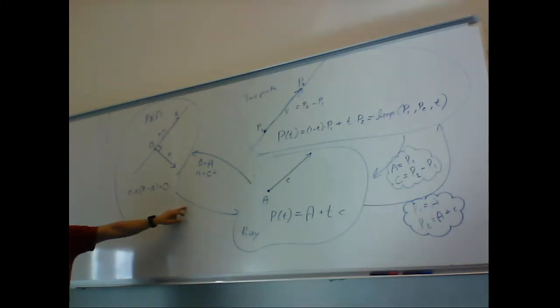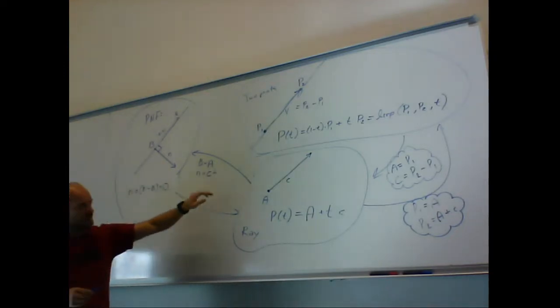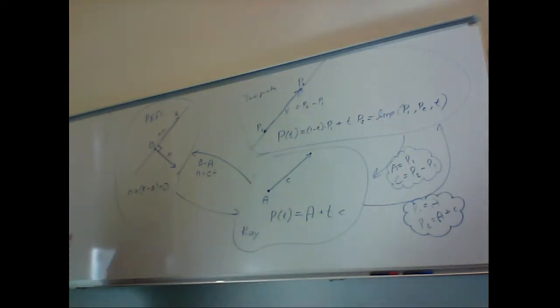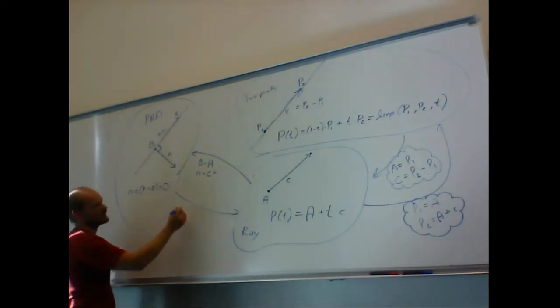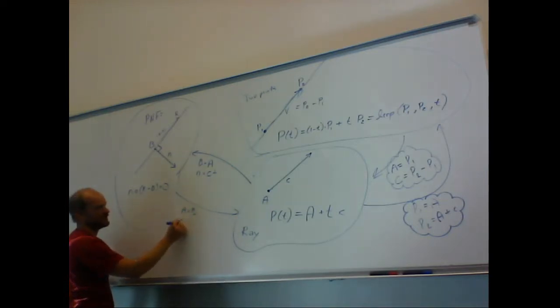Okay, so I have B and I have N, and I have A and I have C. In 2 dimensions it's not that tricky really. Basically say, A equals B, and then C equals what?